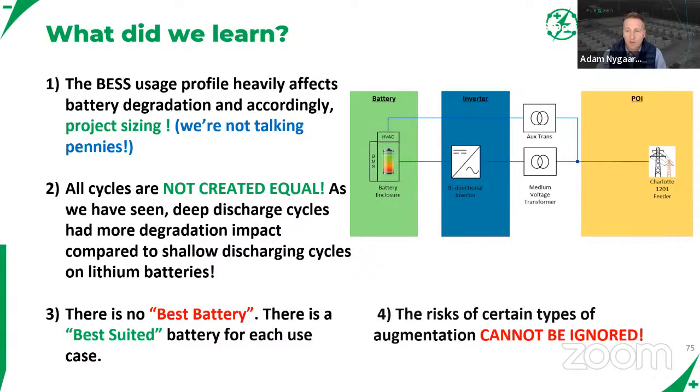Versus if you're willing to take risk, maybe it's merchant, maybe you're willing to take the risk to augment later on and hope that the battery use profile isn't the worst case scenario that we showed, then you may see higher returns later on. So every investor and capital pool is going to be different on risk, but it's important that you know and can attempt to quantify them as best possible. I think this industry still has a ways to go, but we're getting better.